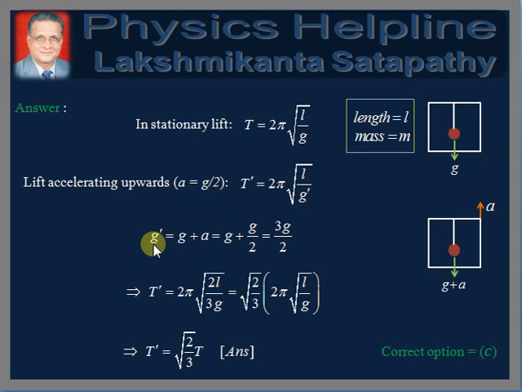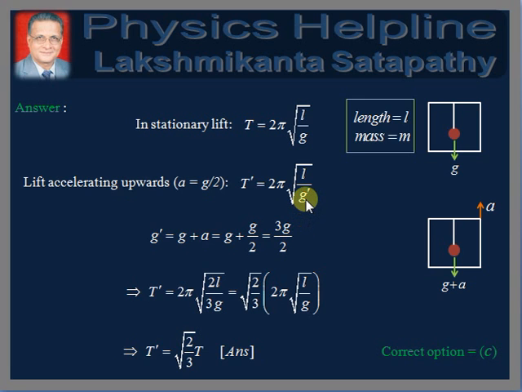Now, we have already found that g dash is equal to g plus a when the lift is moving up with acceleration a. Now, in this case, it is given that a is equal to g by 2. Therefore, g dash is equal to g plus g by 2, which is equal to 3g by 2.